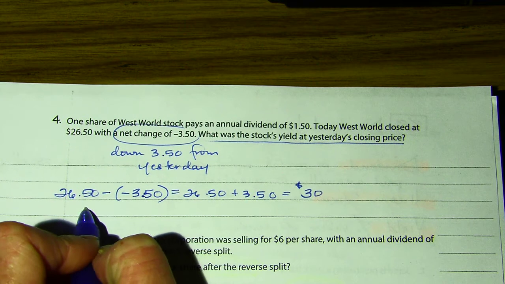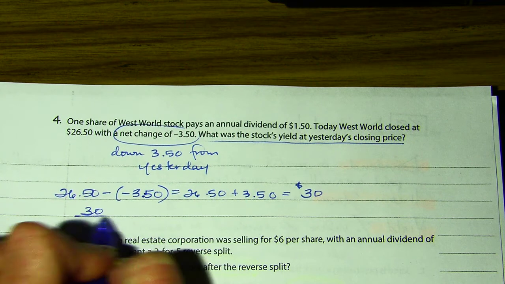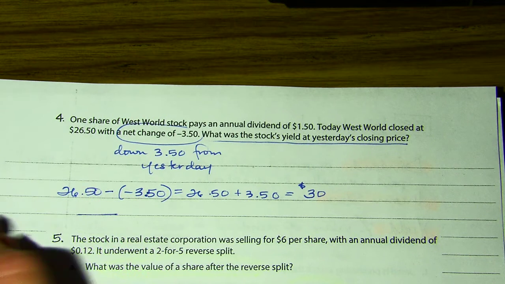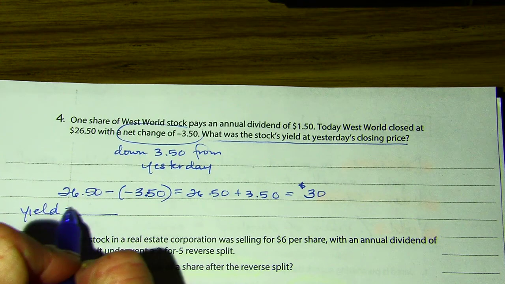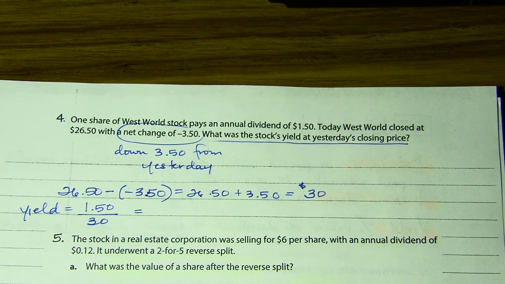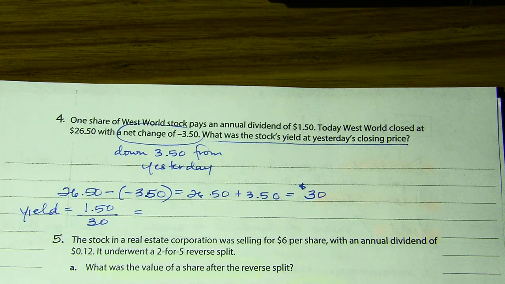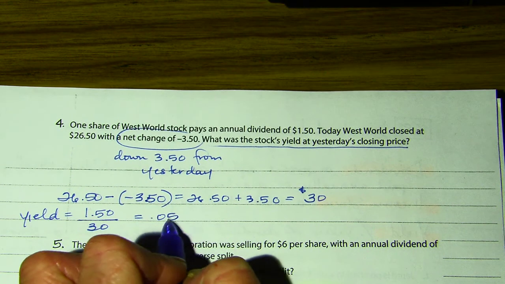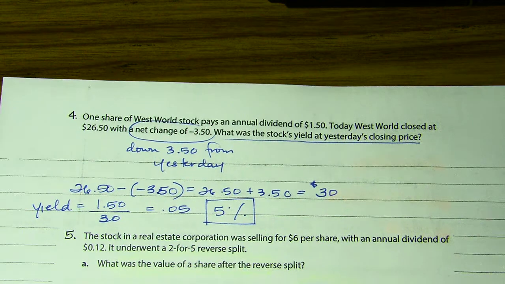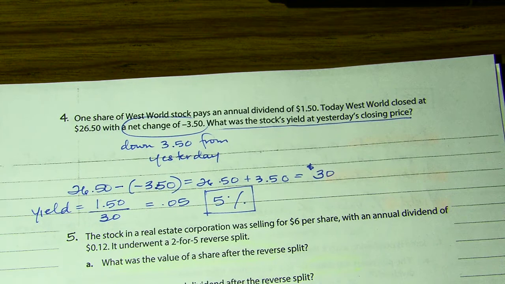And then for our yield equals $1.50 divided by $30, which is 0.05, which is 5%. So we first had to figure out yesterday's price.